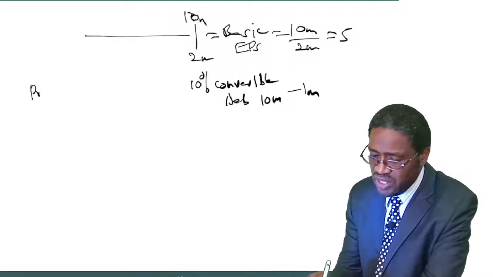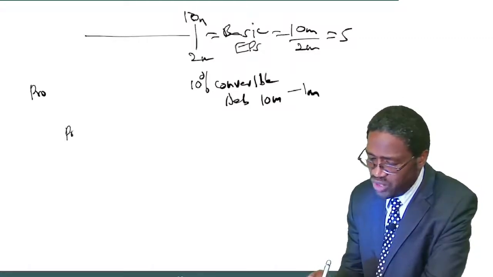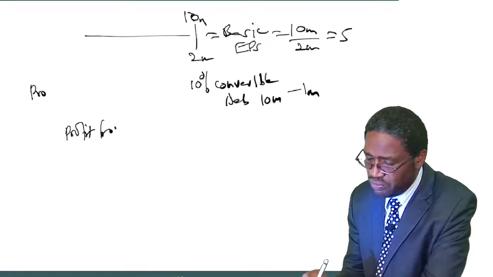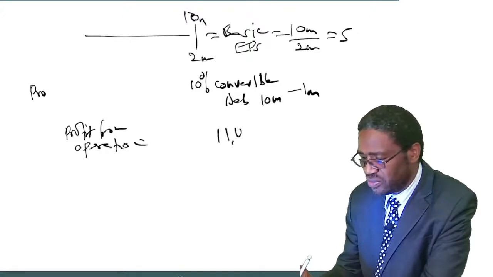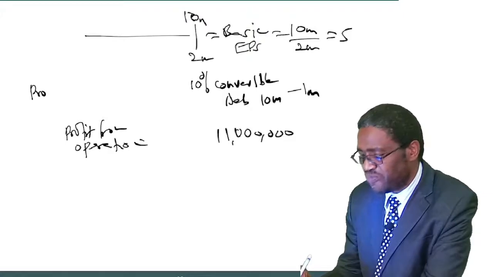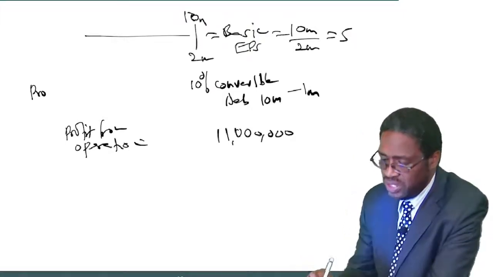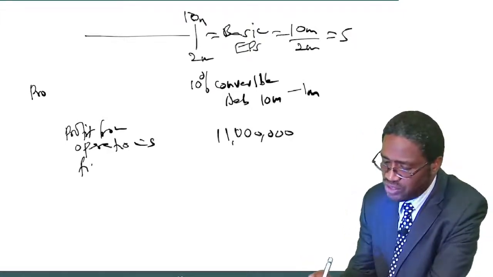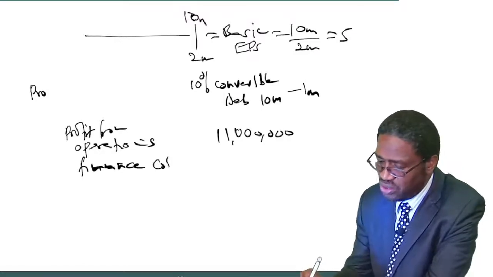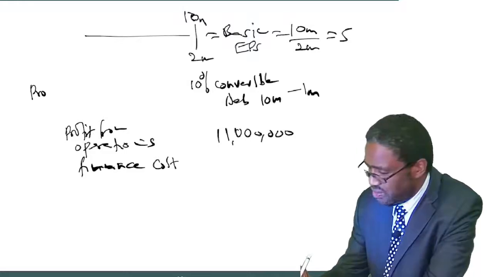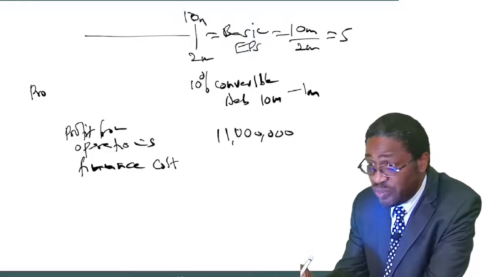You have what we are calling profit from operations. Let us assume it's 11 million. Then you have what we call finance cost, which is an amount of 10%.